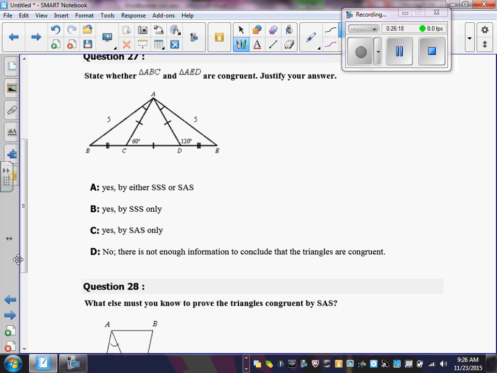27 is a very tricky one. It's not something we're used to. They wanted you to show them or come up with the reason if ABC, I'm sorry, is congruent to AED.